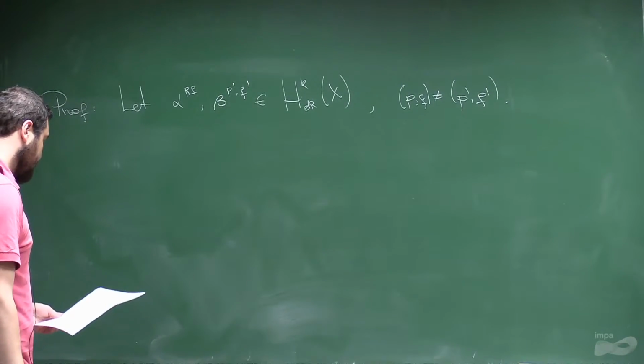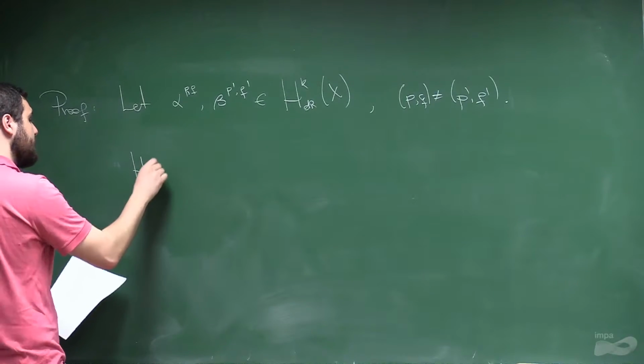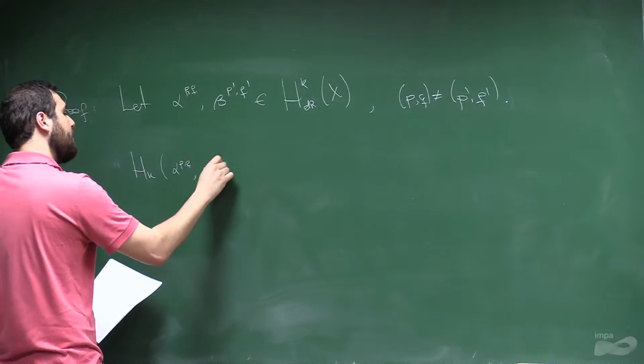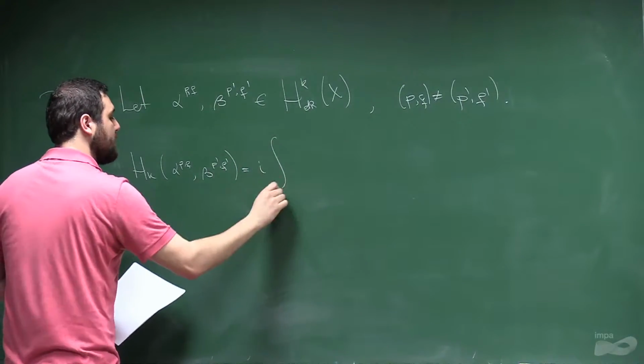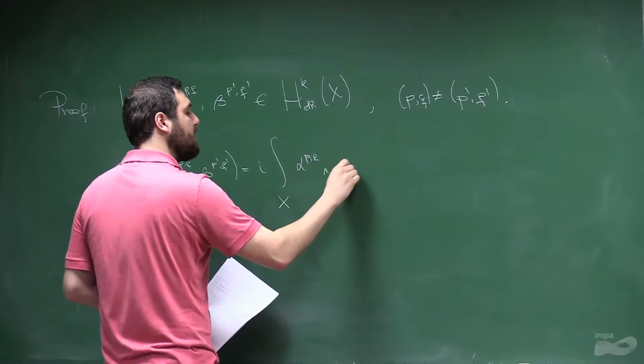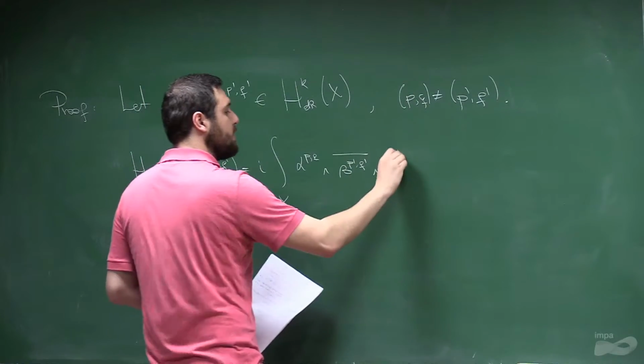Okay, and that's easy because h_k of alpha and beta is i times the integral over X of alpha wedge beta bar wedge omega to the n minus k.